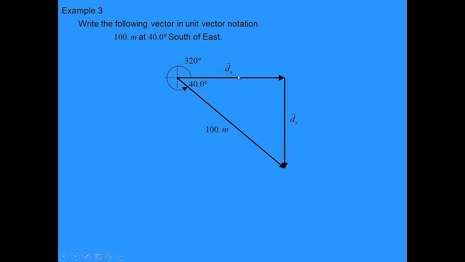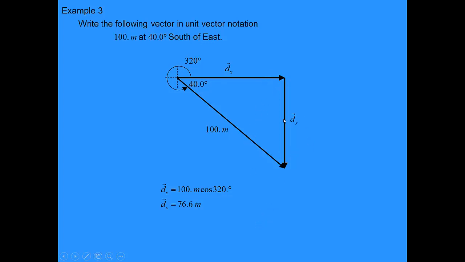So hopefully this isn't difficult trig for you at this point, but if I wanted to find the magnitude of dx, I would simply use hypotenuse times the cosine of the angle. Notice I'm using the 320. That works out to be, to 3 sig figs, 76.6 meters. Positive. Notice it's pointing to the right. We're in the 4th quadrant where x's are positive.